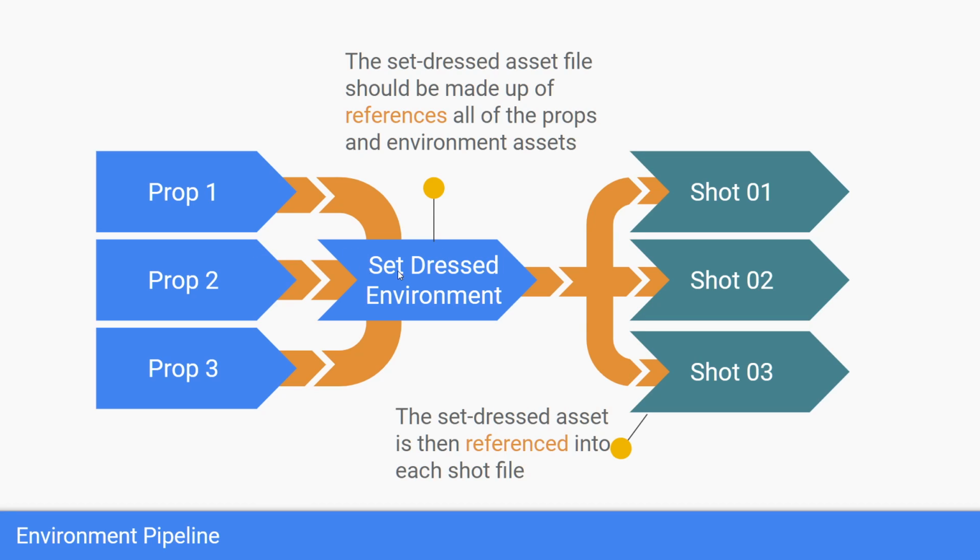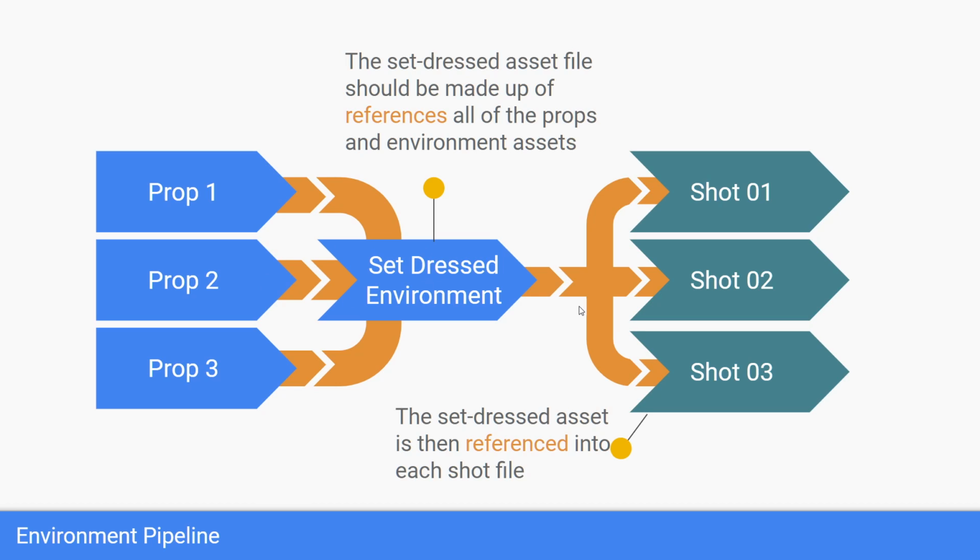So what happens is, again, when we're making that referencing chain, so if I need to make a change to the refrigerator, let's say I need to make it a little bit taller, I'm still keeping that referencing. So even as I'm doing the set dressing and laying out all of my assets inside my environment, if I need to go back and make a change, I don't have to redo all my work or re-import it in and replace it, right?